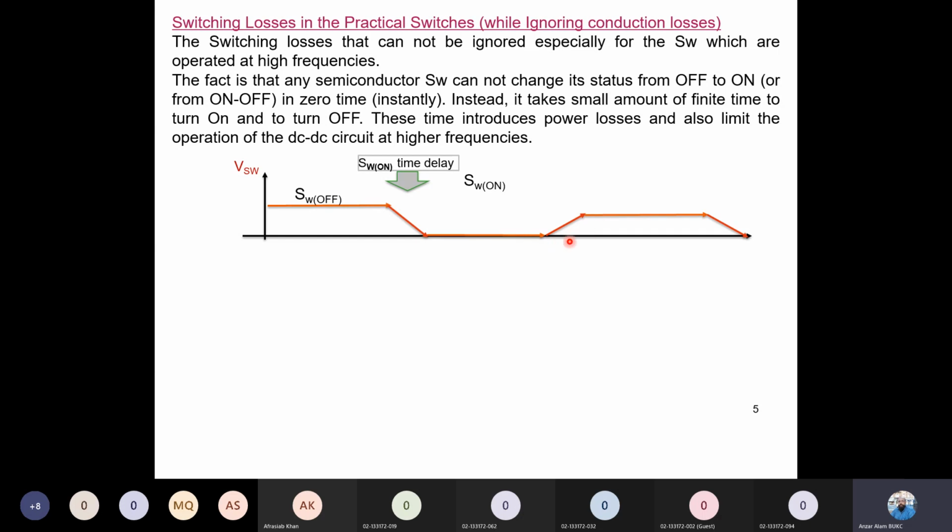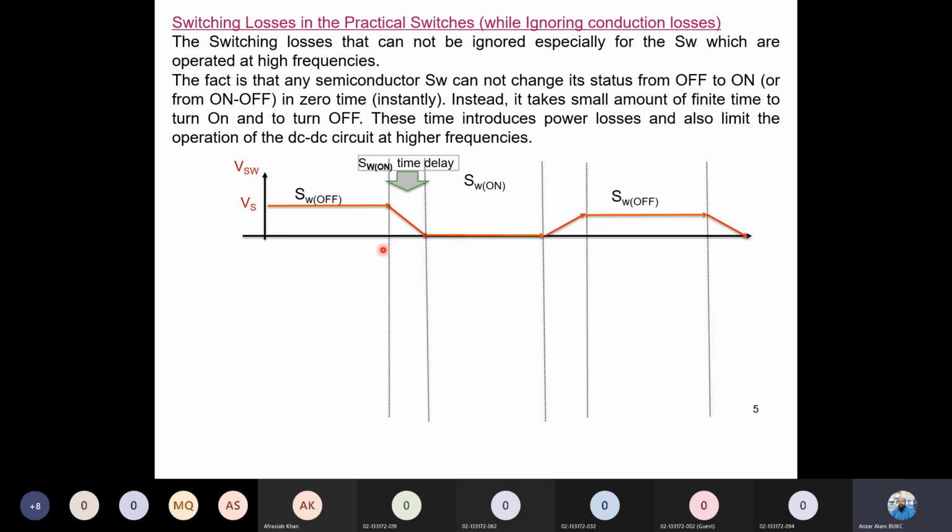So at this point, if you want to turn it from on to off, there will be this delay time. Now this area is the switch time delay, and this is known as the switch on time delay.